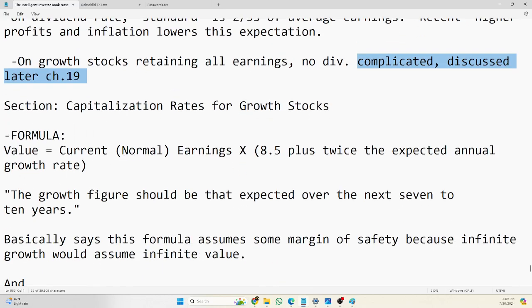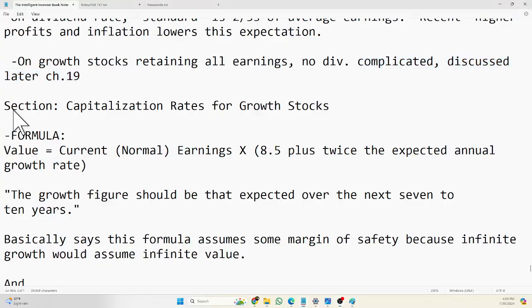But he does keep bringing up growth stocks throughout this chapter. He's like, I'll do it in chapter 19, but then he keeps talking about it. But anyway, next section: capitalization rates for growth stocks, and he comes up with a formula. Basically, the value should equal the current normal earnings times 8.5 plus twice the expected annual growth rate.